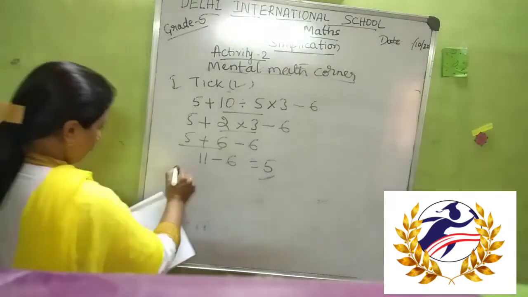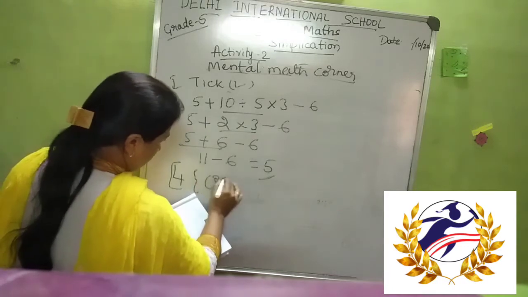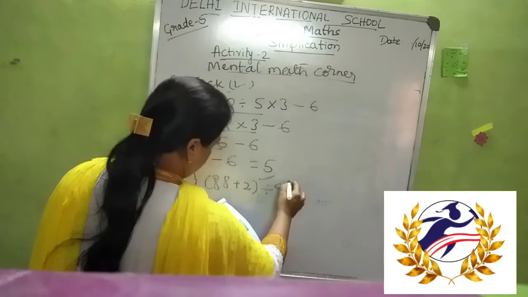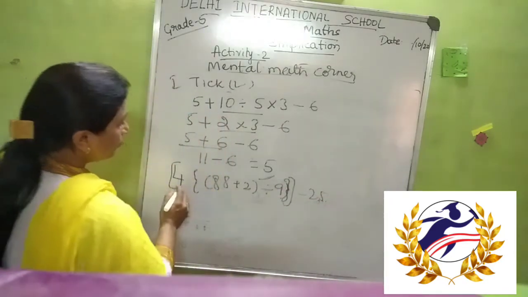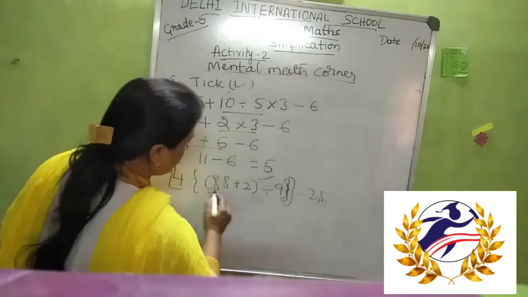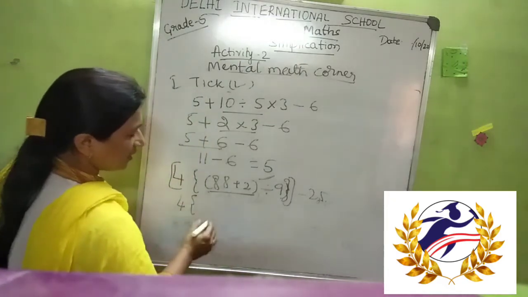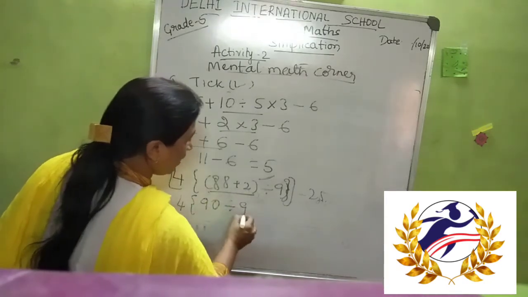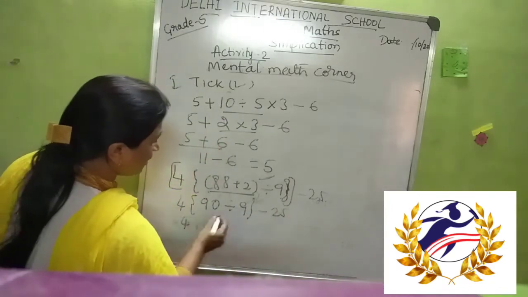So next, 4 bracket 88 plus 2 divided by 9, then minus 25. Okay. So first I need to solve which is inside the smaller bracket. That's why 4 I wrote as it is. 88 plus 2 is 90. 90 divided by 9. 9 tens are 90.